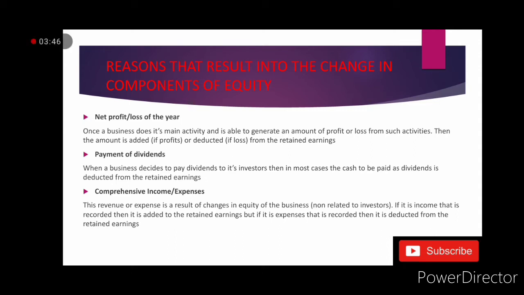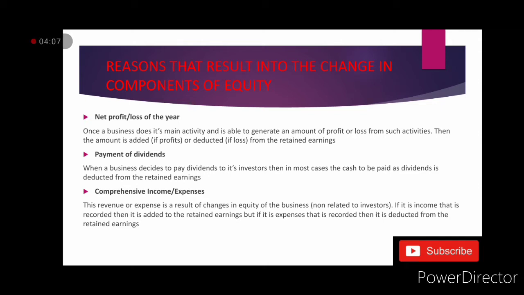I mean, if a business were to pay so much cash as dividends, the business would have very little capital to run the business. So in most cases, dividend payments are deducted from the retained earnings.